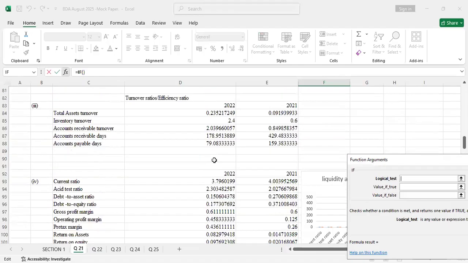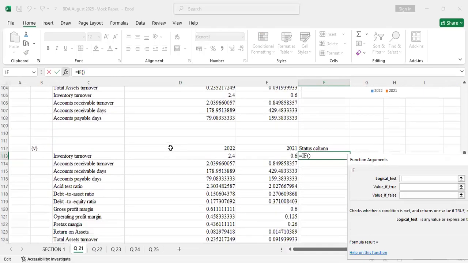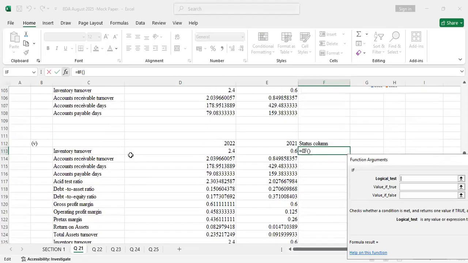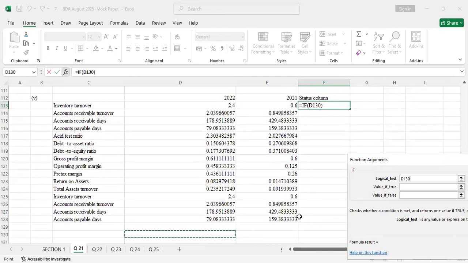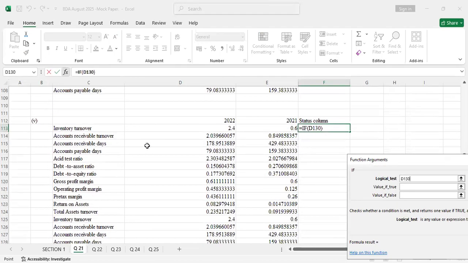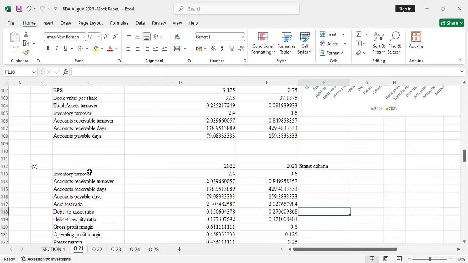There's something I'm confirming here. Because we had current ratio, and here now I don't see the current ratio. Let me undo this completely. I copied this, but I don't know why.